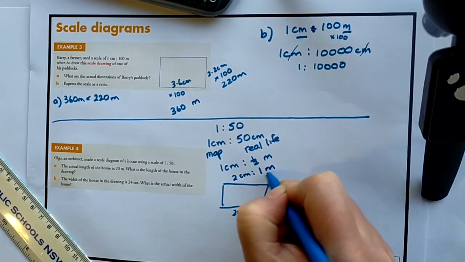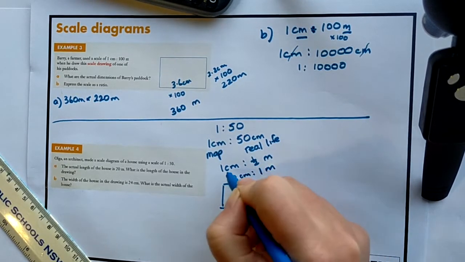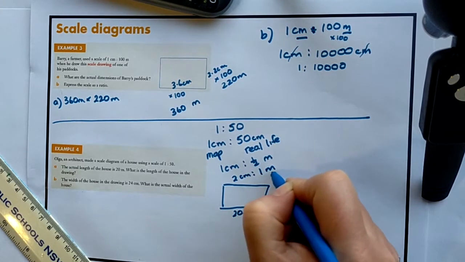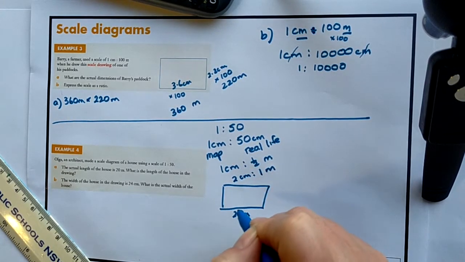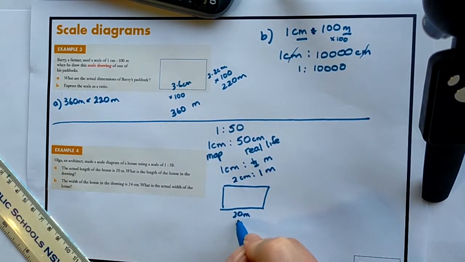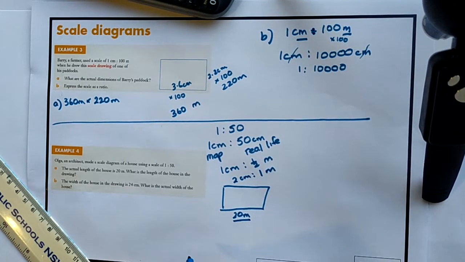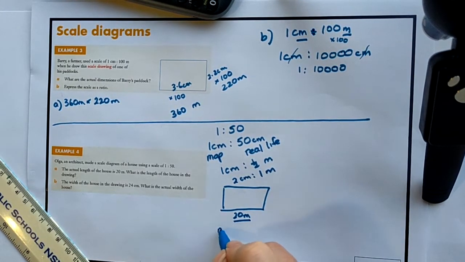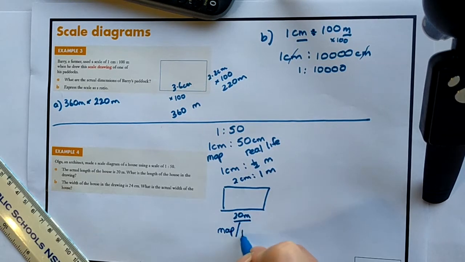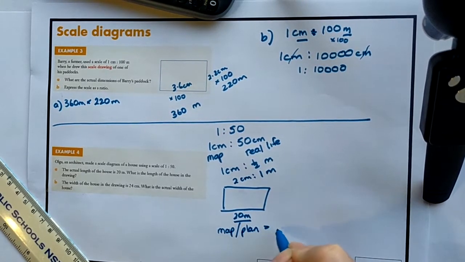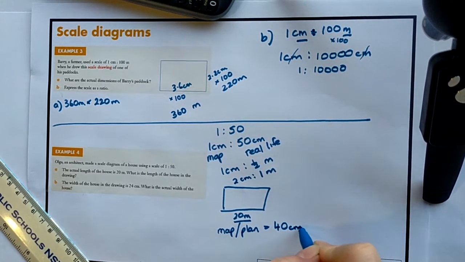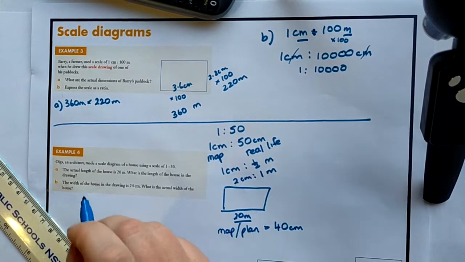For each of these metres, half a metre gave us 1 centimetre, so 1 metre will be 2 centimetres. So here we go, 20 metres is our length. On the map or the plan, that's going to be 40 centimetres.